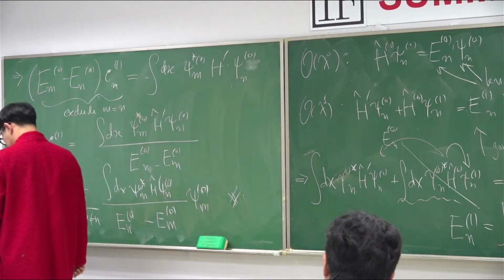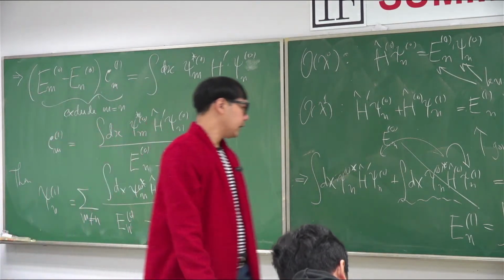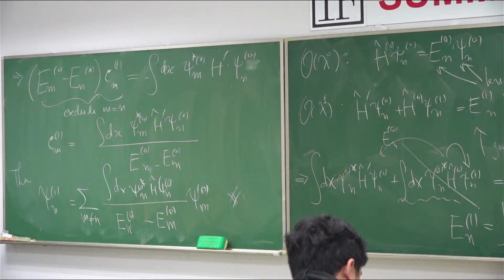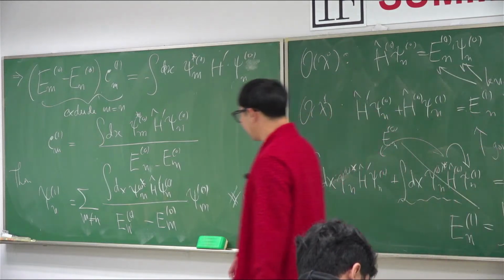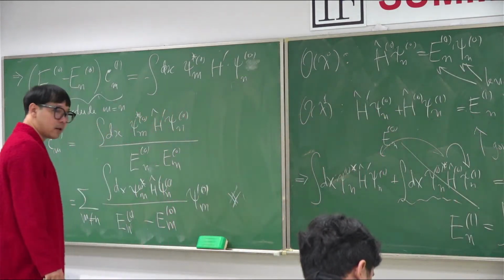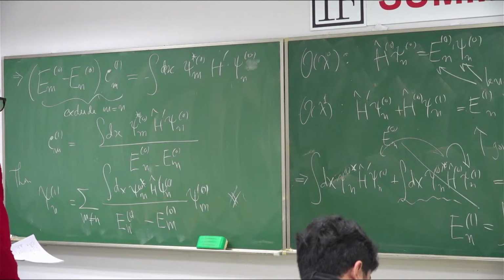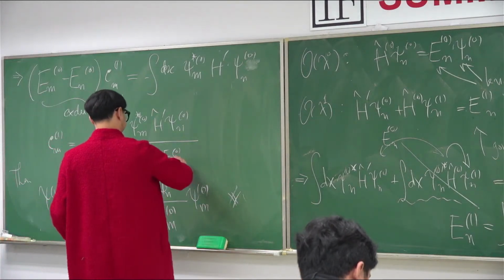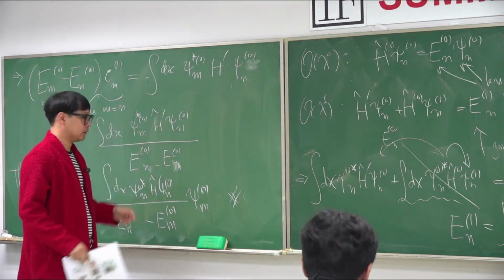Okay. Then in the first order, we know how to solve for the first correction, right? Both of the eigenstate and the eigenvalue of the system. This is M. Okay, because you have a minus sign here.